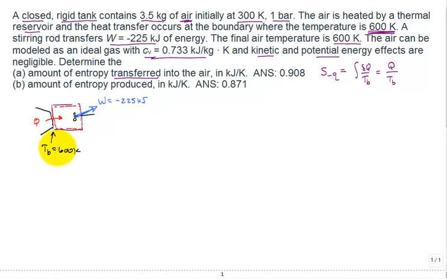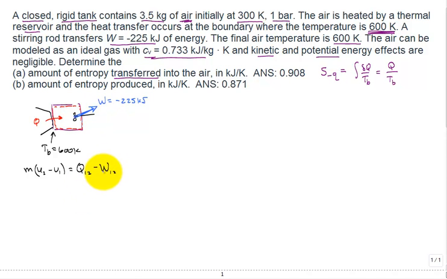Okay, so we do an energy balance, or first law. For the air as a system undergoing a process, we have that the mass of the air times the final internal energy minus the initial internal energy, so the change in the internal energy, equals heat brought in minus the work transfer out. You can put 1, 2 on this.